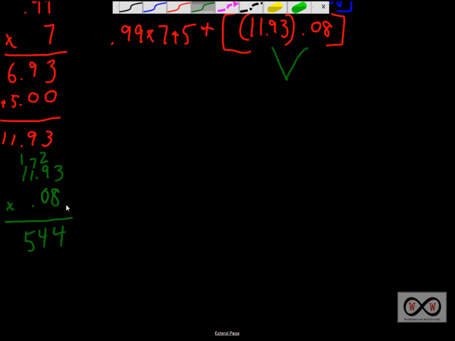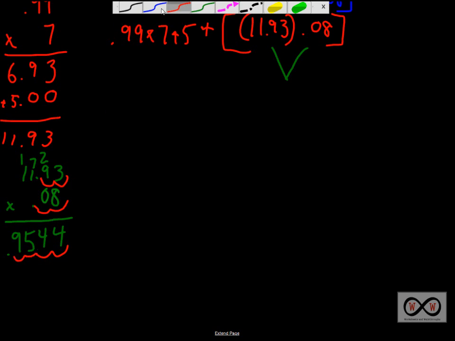Then we multiply 8 times 1 would be 8 plus 1 would be 9. Got a decimal point, and then we have to see how many decimal places we have. 1, 2 to the decimal point, 3, 4. And in our product, we'll have the same 1, 2, 3, 4.